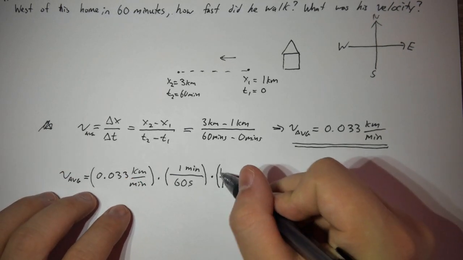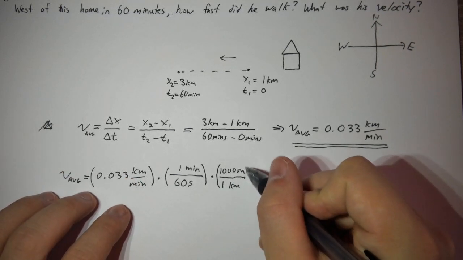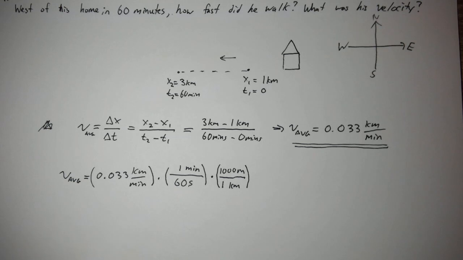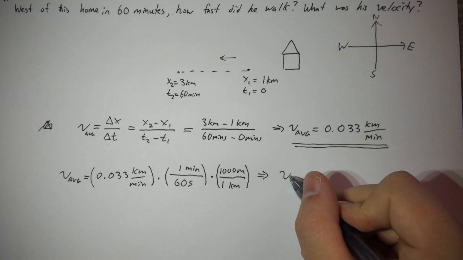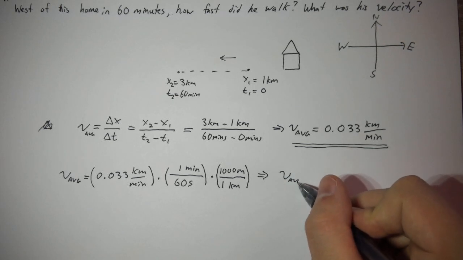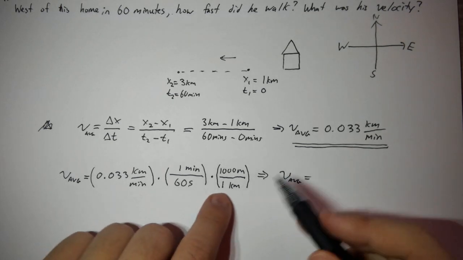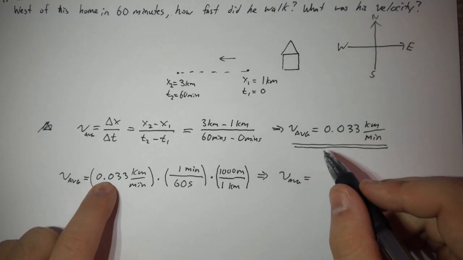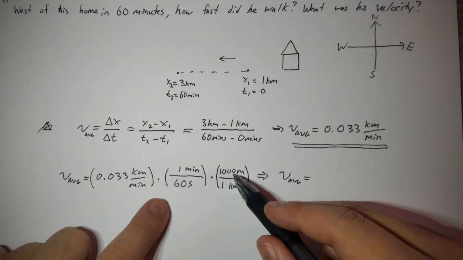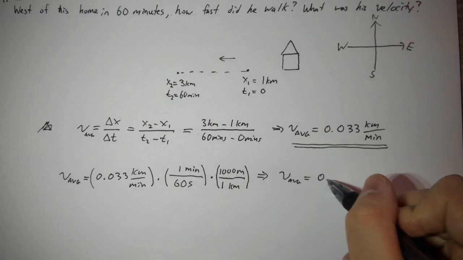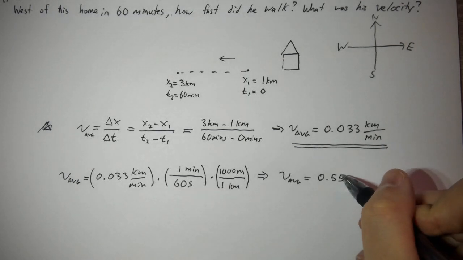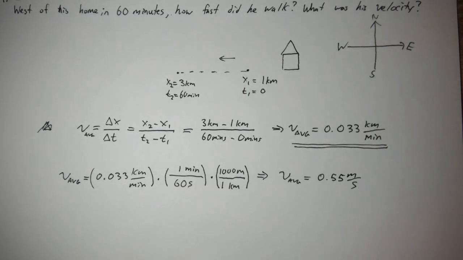And we say there are 1,000 meters in a kilometer. This gives us V average of 0.033 times 1,000 divided by 60, which works out to 0.55 meters per second.